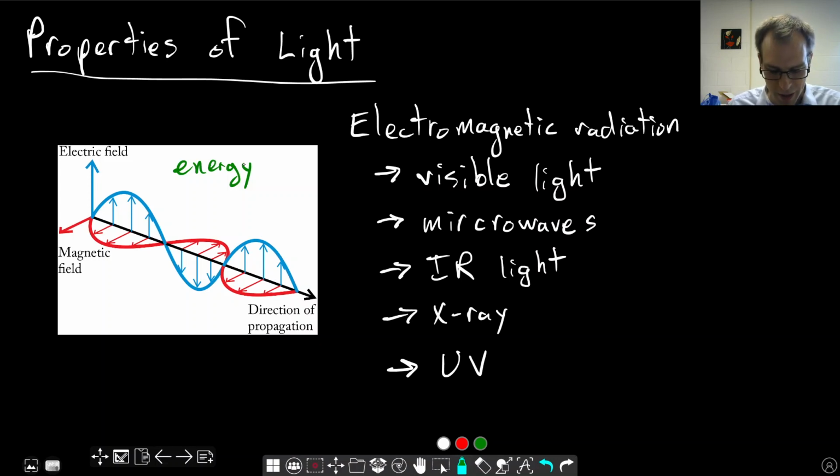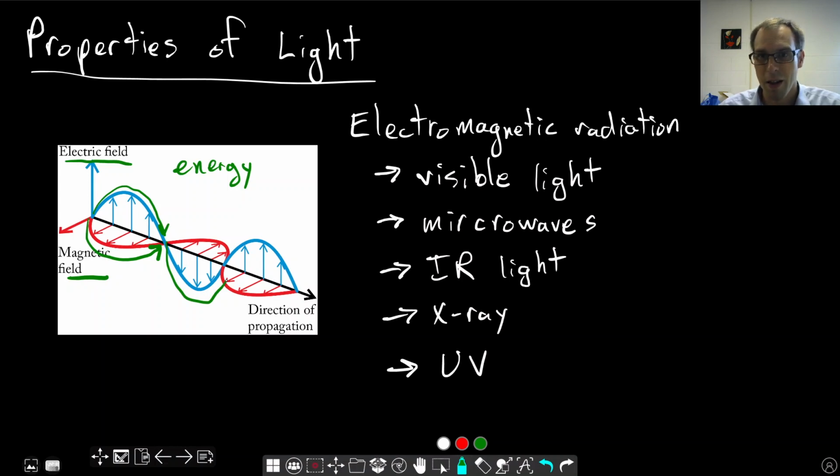We call it electromagnetic radiation because it's composed of both an electric field and a magnetic field, and they perpetuate themselves. So the electric field grows and decreases just like the magnetic field does. They propagate, the electric field goes up and down, the magnetic field goes left and right, relatively speaking, compared to the direction of propagation.